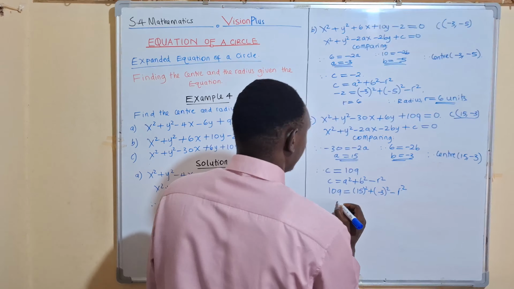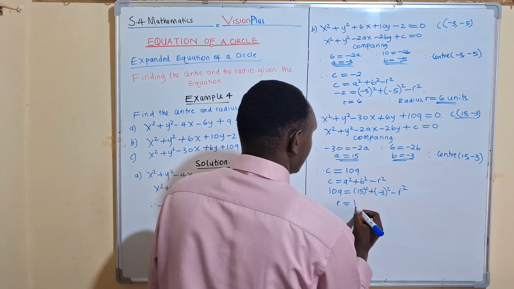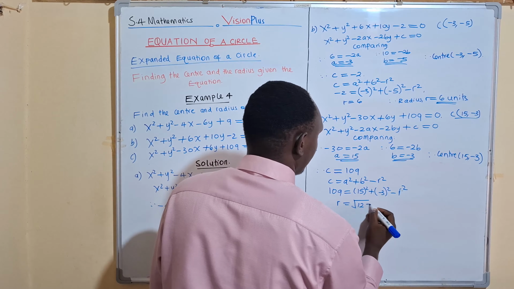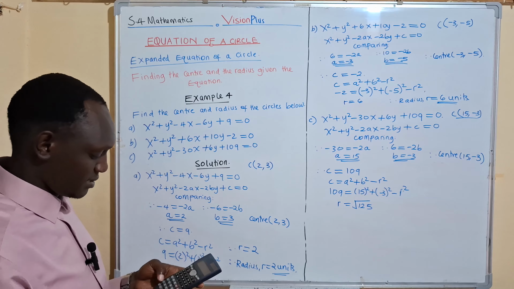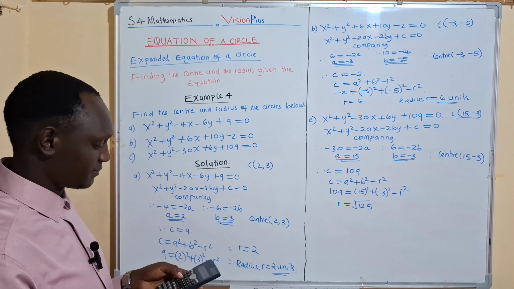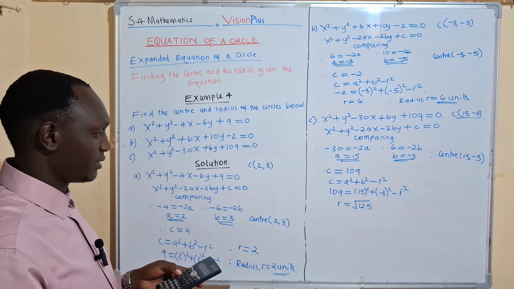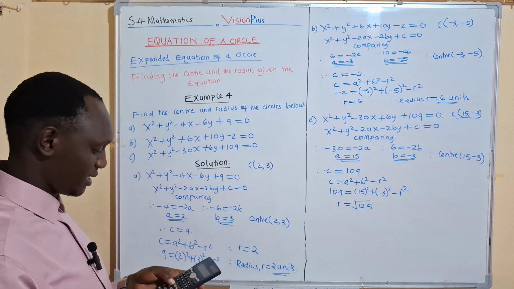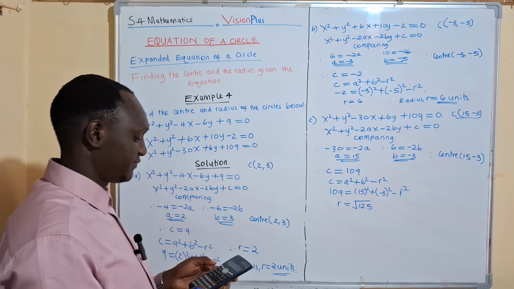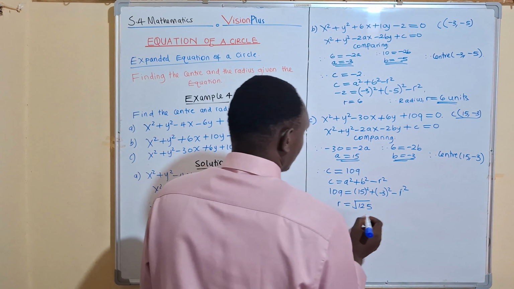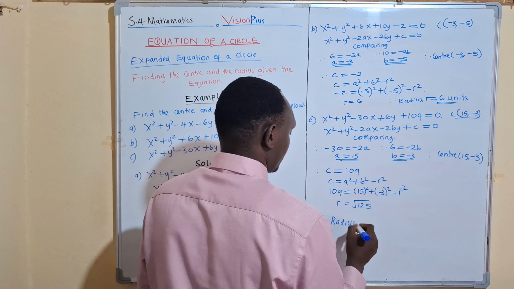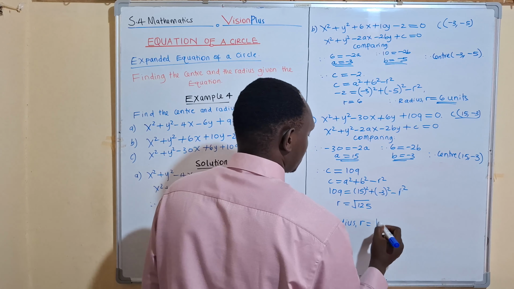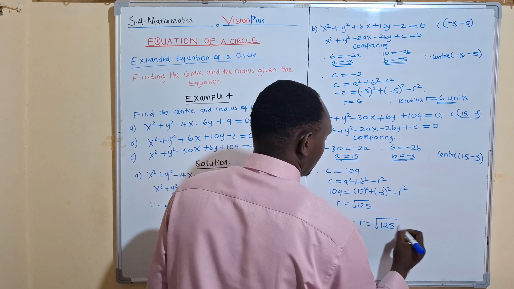So I'm getting r here as square root of 125. Let me put 15 squared plus negative 3 squared, then minus 109, 125. Yes. So that is the radius. Therefore, the radius r is square root of 125 units.